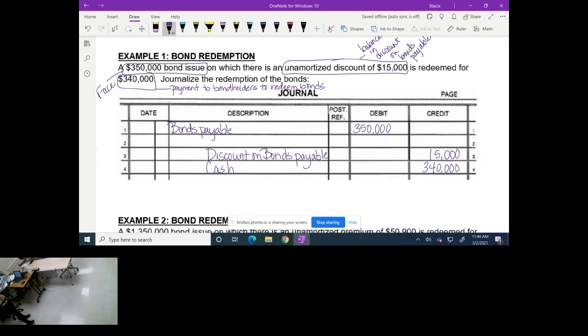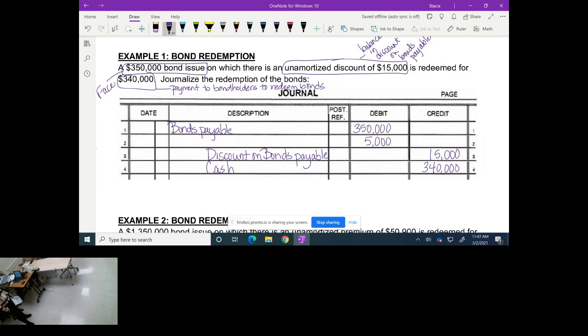I need a debit or a credit, how much? What are my total debits right now? $350,000. What are my total credits? $355,000. So what do I need? A $5,000 debit. Thank you. I've got to put a $5,000 debit in here to make our debits equal our credits.